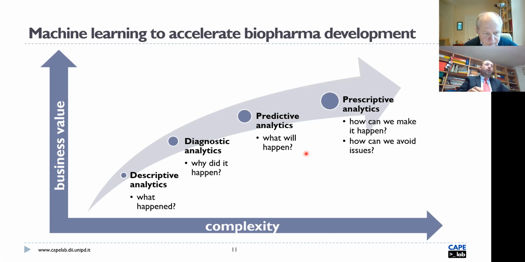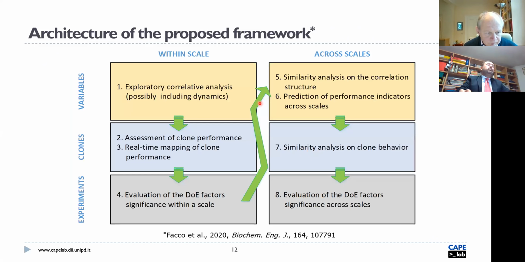All these activities we organized in a framework that was recently published in the Biochemical Engineering Journal. These activities are oriented to understand the relation between different experiments and how clones and cell lines perform, and how variables are correlated both within a single scale and between different scales. And in the next few minutes, I will show you a couple of examples of these activities.